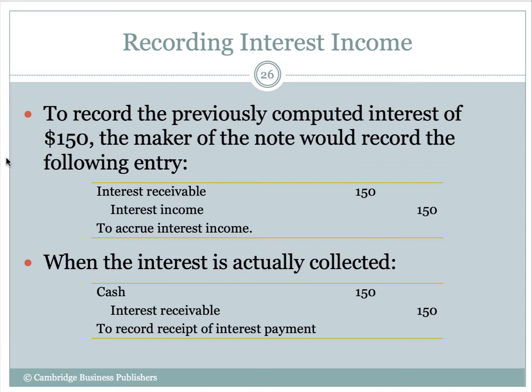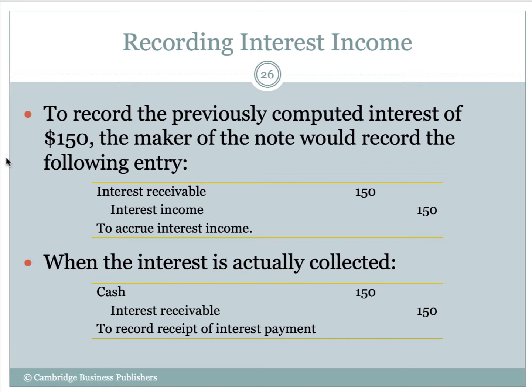So we are going to first debit interest receivable and credit interest income. This is an adjusting entry that we use to accrue income. Remember, it was chapter 3 or 4 where we did accrued revenues. This is a prime example of an accrued revenue. Again, debit interest receivable, because it's a receivable, and credit our interest income.